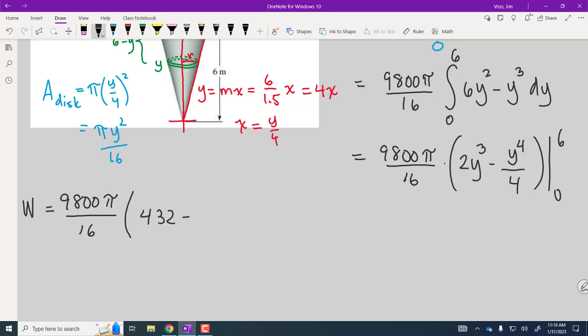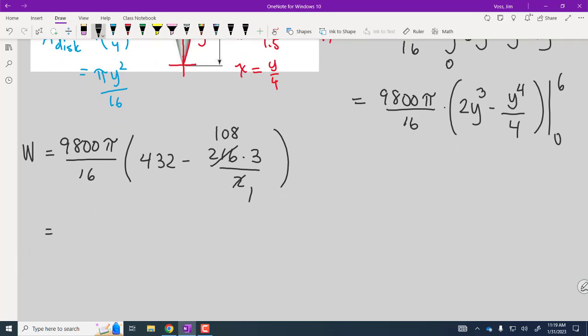And then plugging in 6 over there, we're going to have 6 cubed again, so that's 216. And then the 4th power of 6 is going to cancel in the denominator, so we're going to have 216, and instead of a 6, we're going to make that a 3 and a 2, but then we're going to make that a 1 and a 108, something like that.